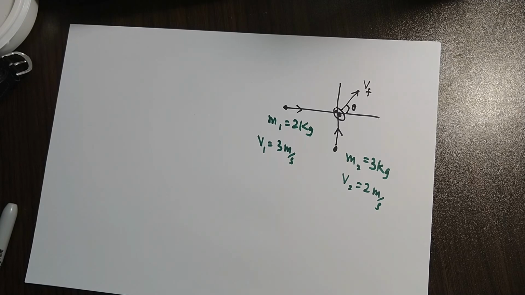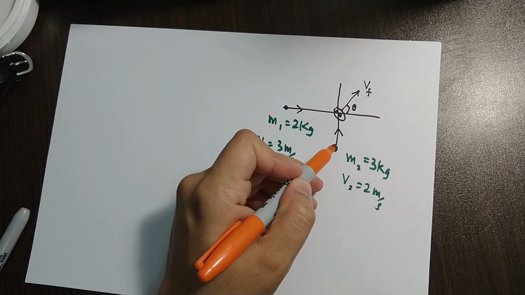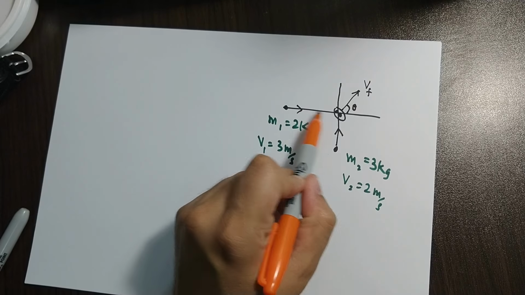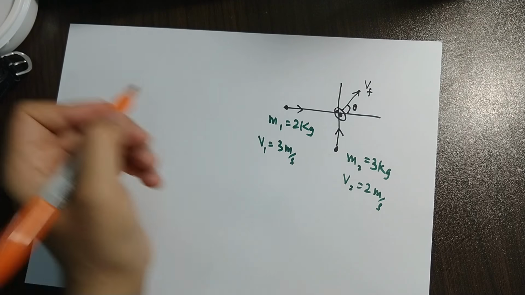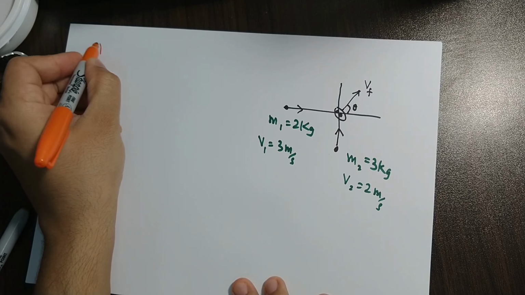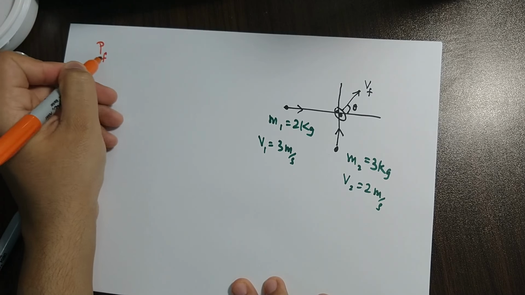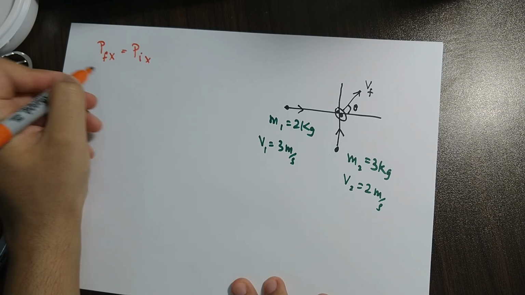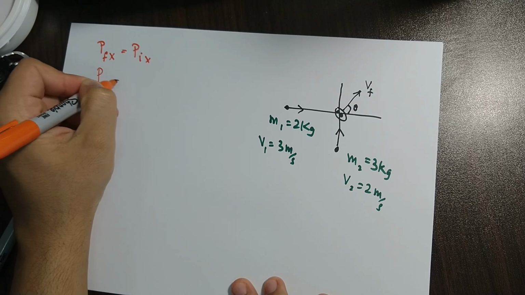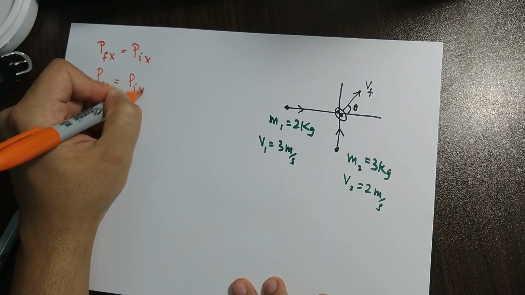So how do we approach this? It's an easy problem. We can apply conservation of momentum. Since the particles are moving along the x-axis and y-axis, momentum has to be conserved in both the x and y directions. So P final x has to be equal to P initial x, and P final y has to be equal to P initial y.